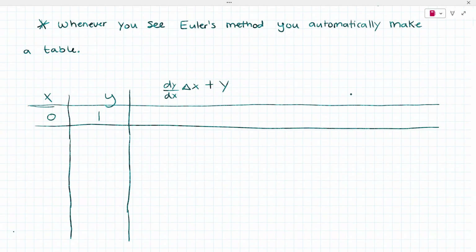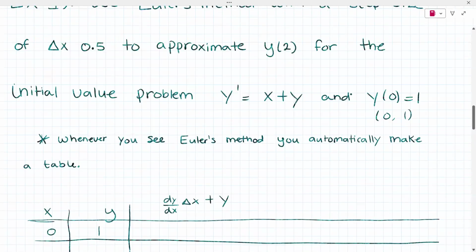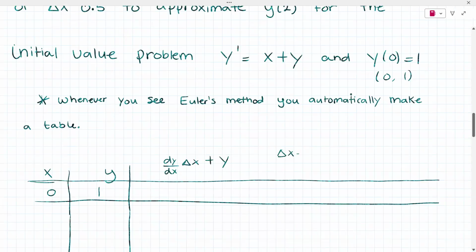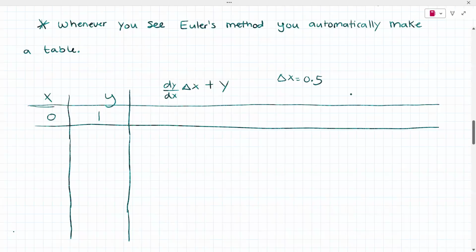And then what do we put in here? Well, it's dy/dx times delta x plus y. Our delta x was given, 0.5.